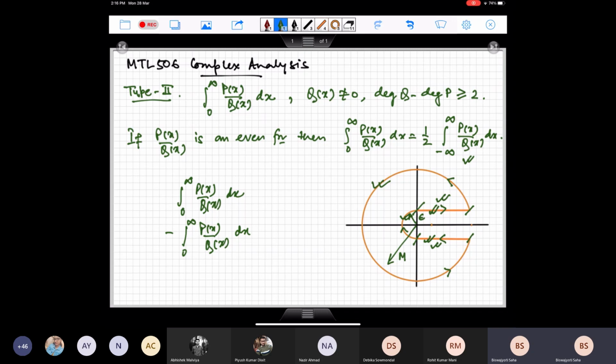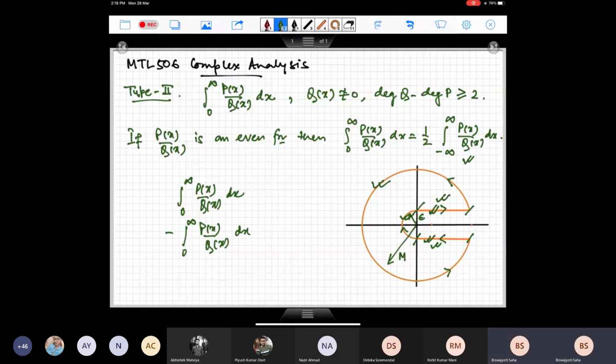And of course, when things come around the circular path, things come back to the same position, then it gains an argument of 2 pi. So except for that argument of 2 pi, all other things are going to get cancelled, and then we will get the integral that we wish to capture.